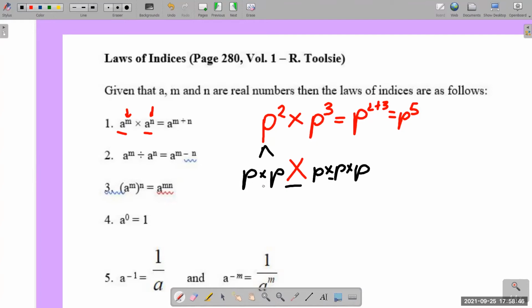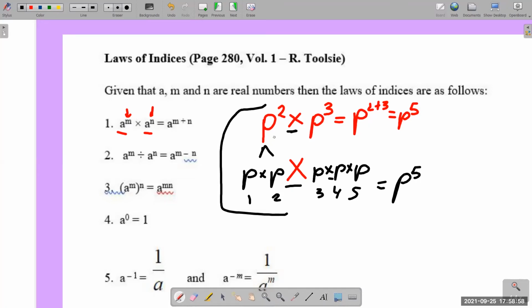So how many P's do you end up with? That's 1, that's 2, that's 3, that's 4, that's 5. That is why we end up with P to the 5th. Everybody see that? That's the reason why law number 1 says when you're multiplying two variables that are alike, you add the powers.